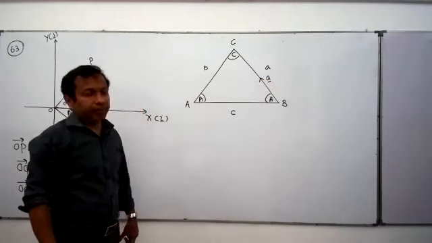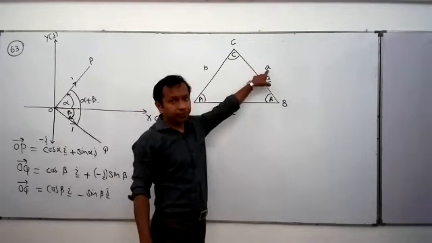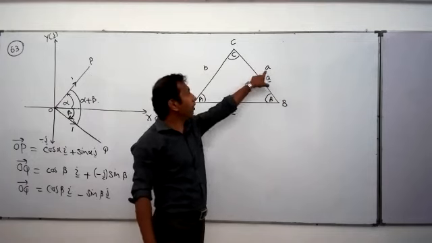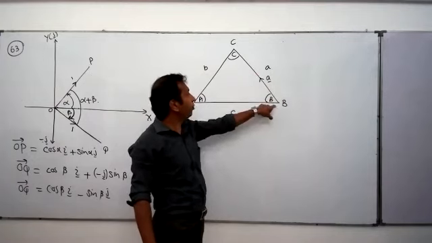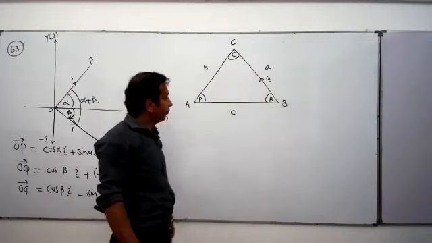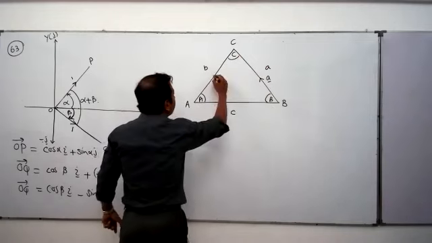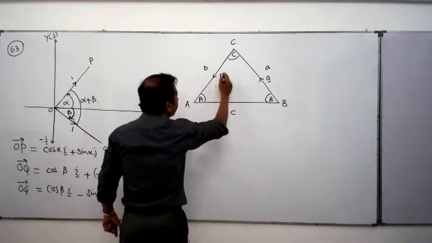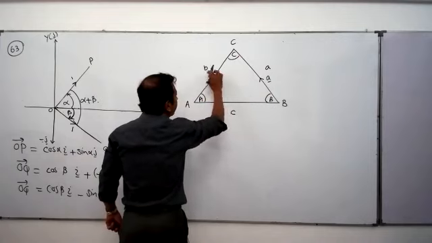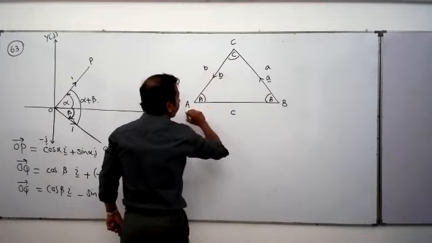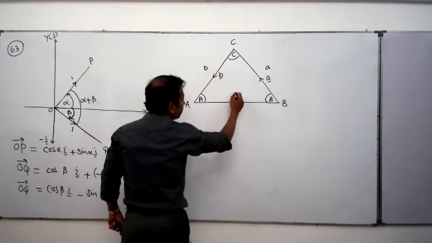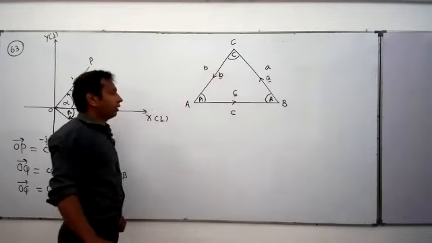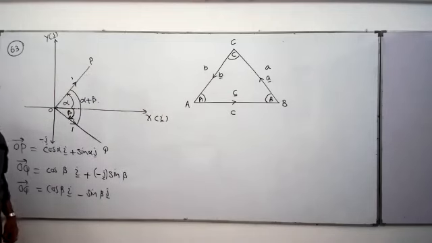You can take like that because the length BC is simple A. Then it's convenient to take this BC vector as simple A vector. And this vector, CA vector, I'll take as simple B vector. Its modulus is simple B. This vector I am going to take as simple C vector. Like that I take. That's a standard notation.